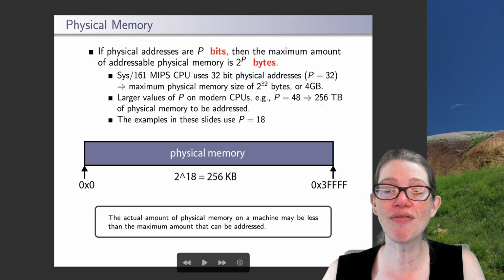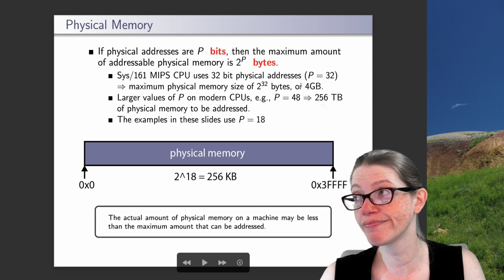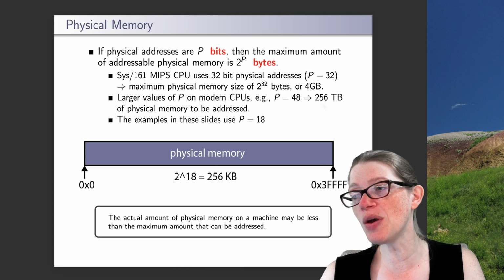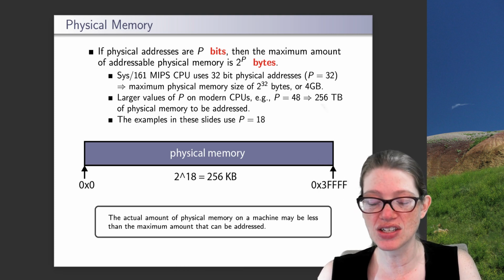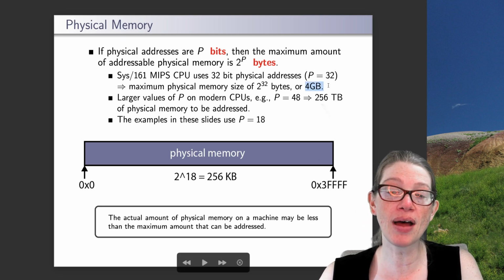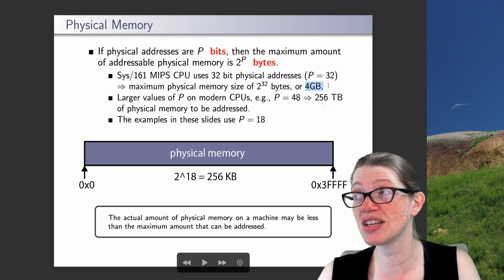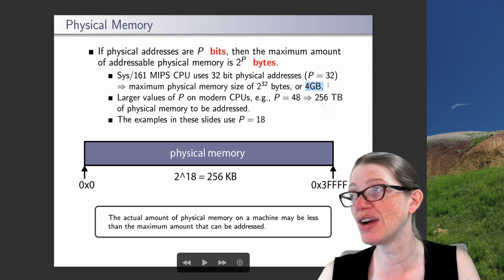And that means that we have access to 4 gigabytes of physical memory in total. And if you have a 32-bit processor, that is actually how much memory you have access to. And if you compile a 32-bit program, that is the maximum amount of space your address space is allowed to consume, because it will not let you use addresses outside of the 4 gigabyte range.